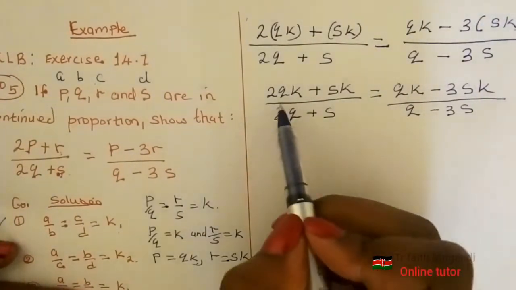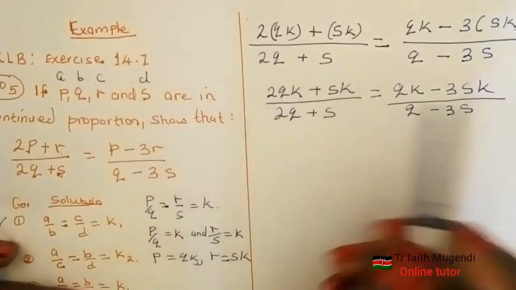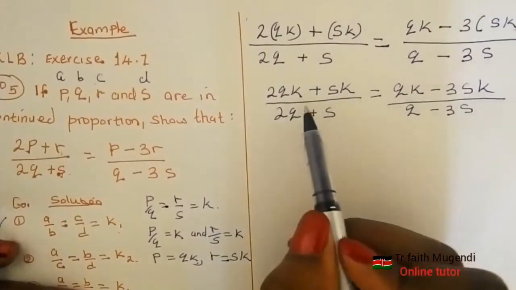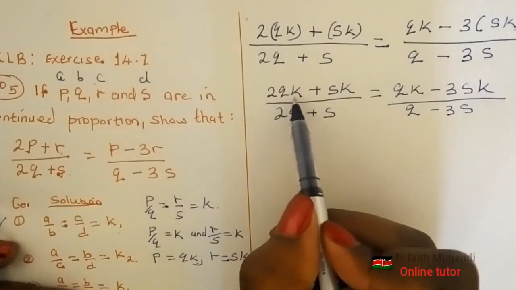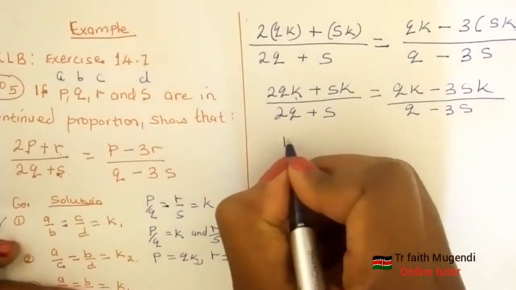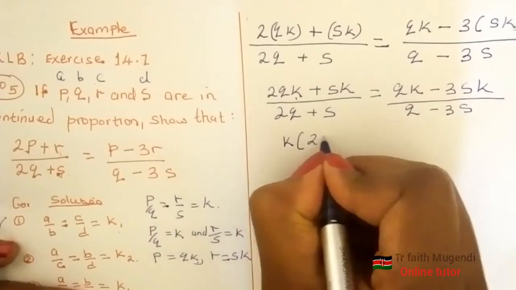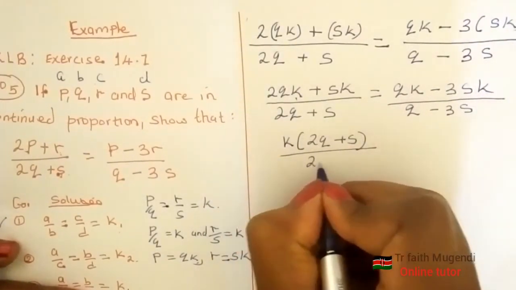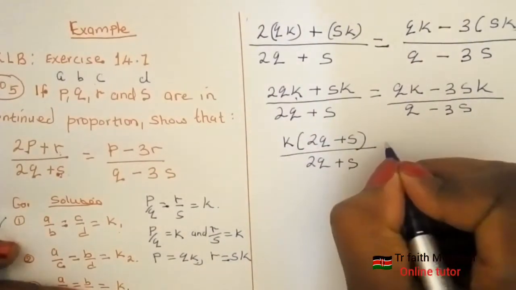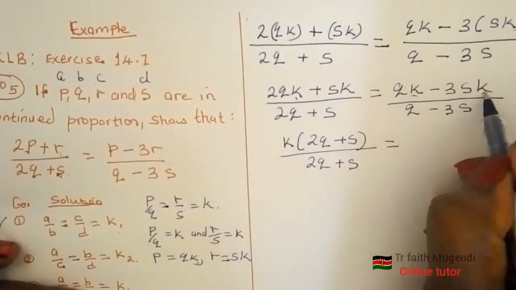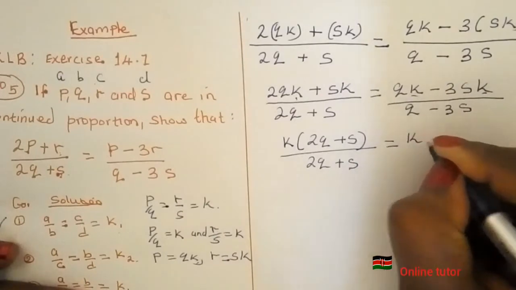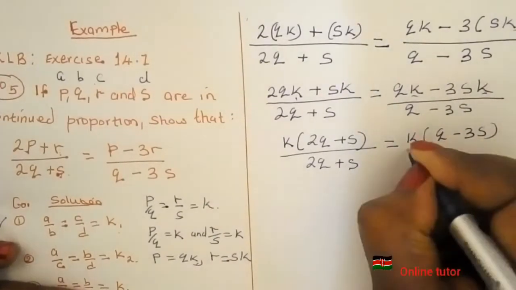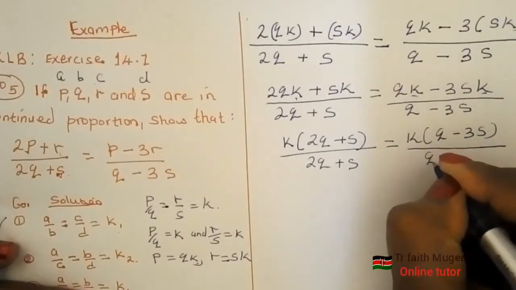Now, we factor out a common factor, and in this case, the common factor here is K. So we factor out K, we are left with 2Q plus S all over 2Q plus S is equivalent to K. Here again is a common factor, we factor it out, we are left with Q minus 3S over Q minus 3S.